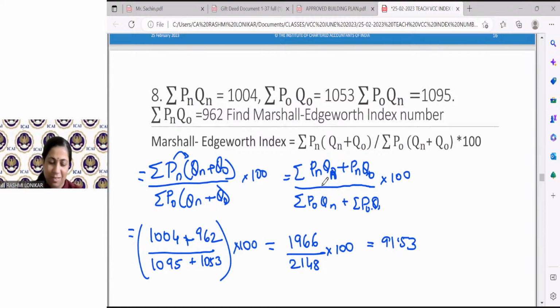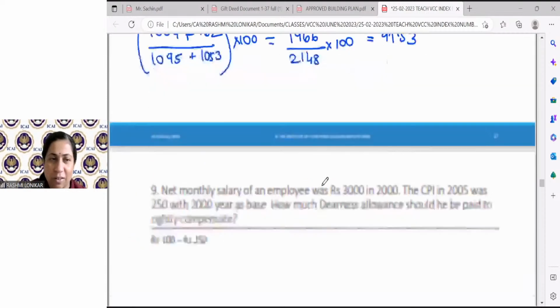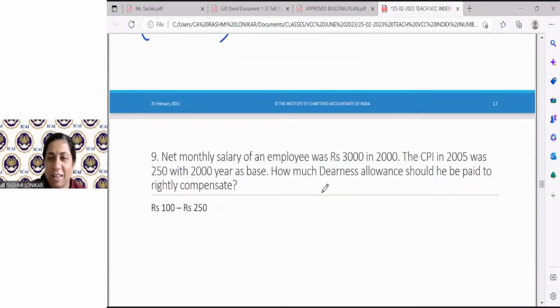Yes, Pramod. Vaishnavi, Pramod is telling you that you must have multiplied by only 10 instead of 100. Okay. So can we have the next sum?